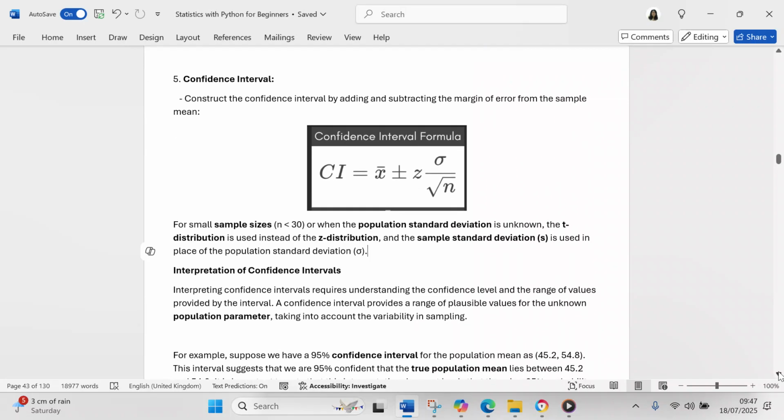Construct the confidence interval by adding and subtracting the margin of error from the sample mean. So your confidence interval equals x bar plus or minus z star times sigma divided by the square root of n.